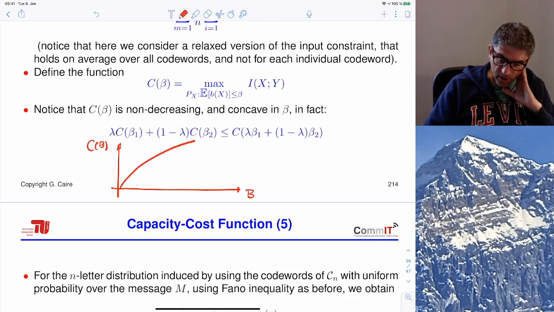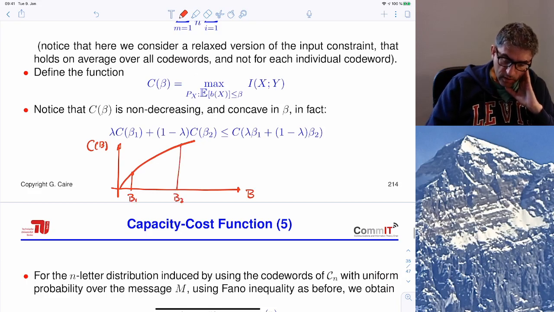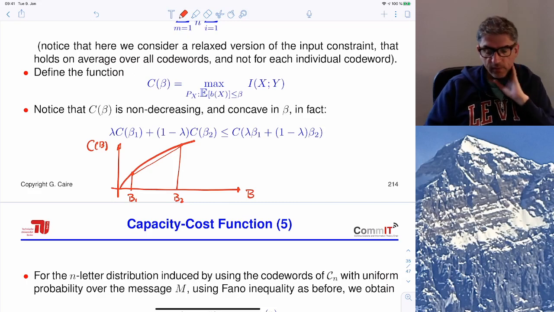So it satisfies Jensen's inequality: if you take any two costs, B1 and B2, the segment joining the two points is always below the function.